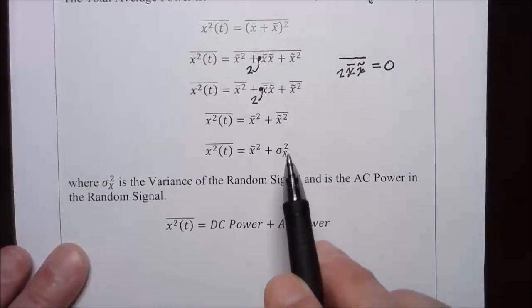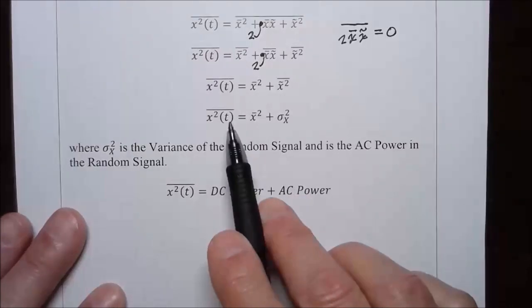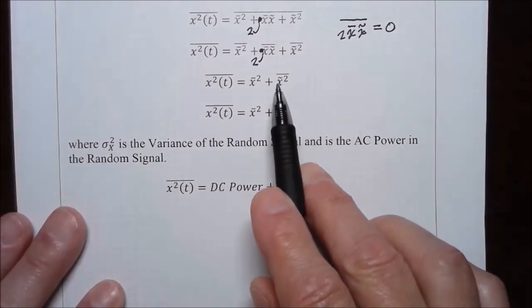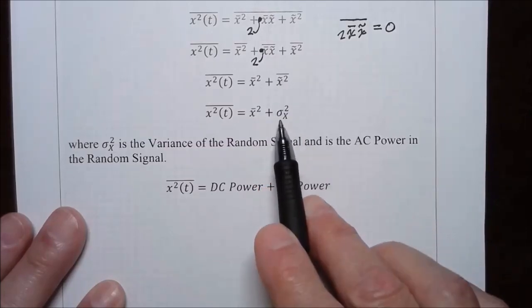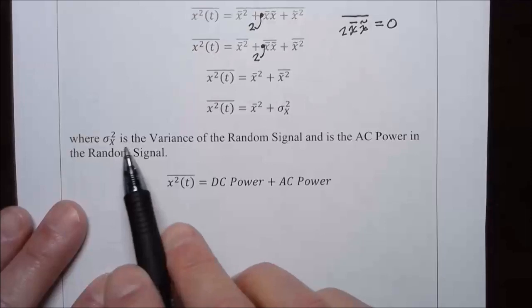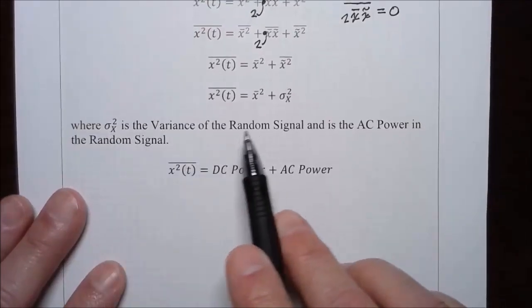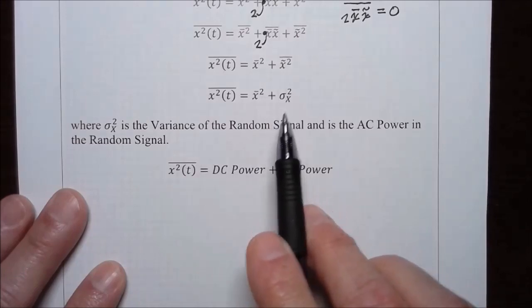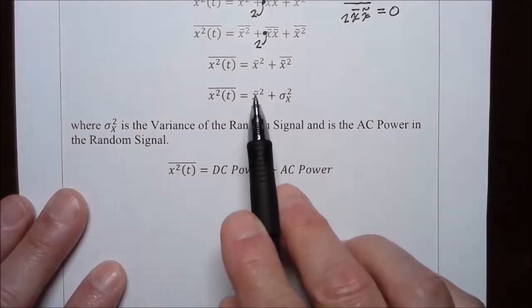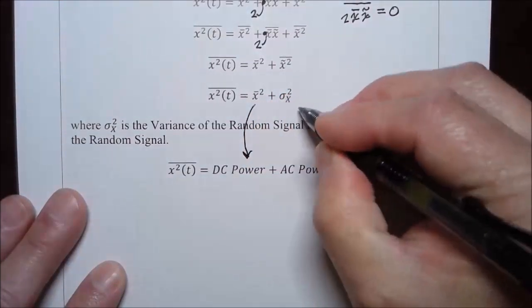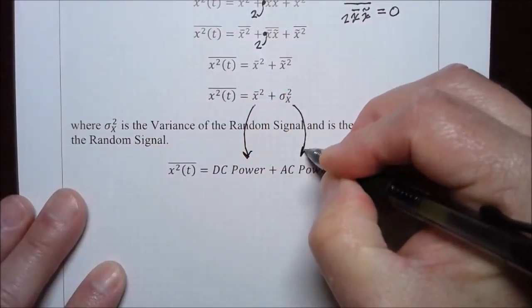That's the AC power, which is equal to sigma x squared. This is the variance. Sigma x squared is the variance of the random signal, and it is the AC power in the random signal. So the total power is the DC power plus the AC power.